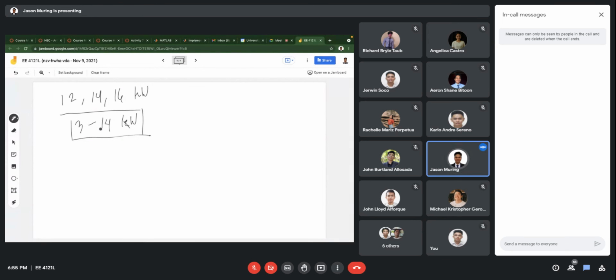So 14 kilowatts exceeds the 12 kilowatt base by 2 kilowatts. I multiply this by 5% per kilowatt, so I should increase my demand by 10%. Whatever is calculated from table 20.55.